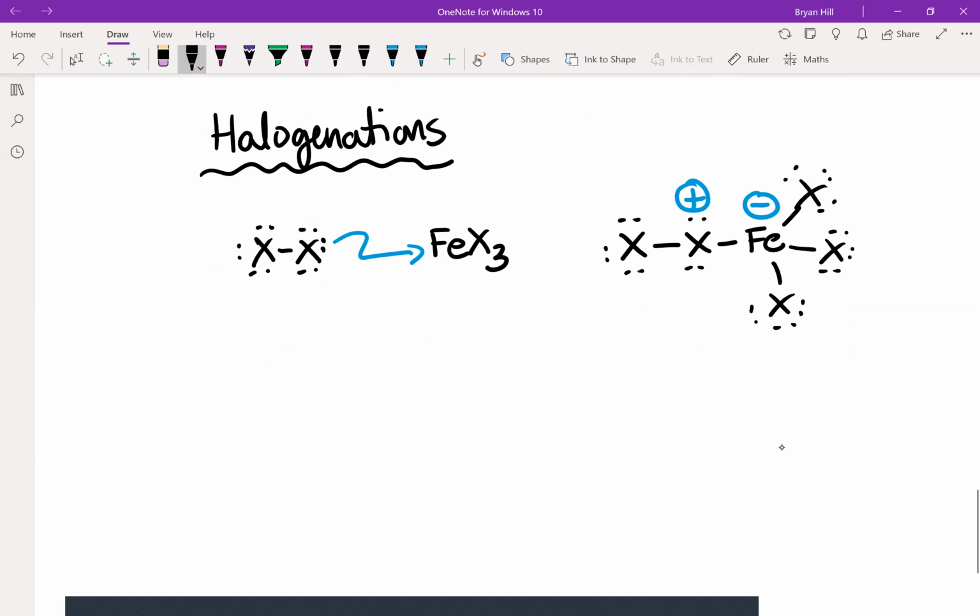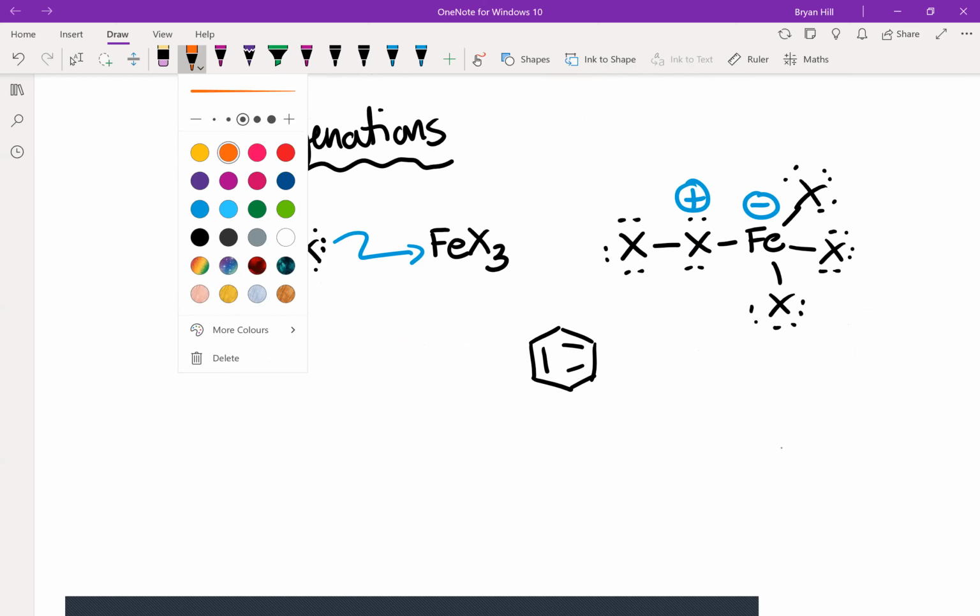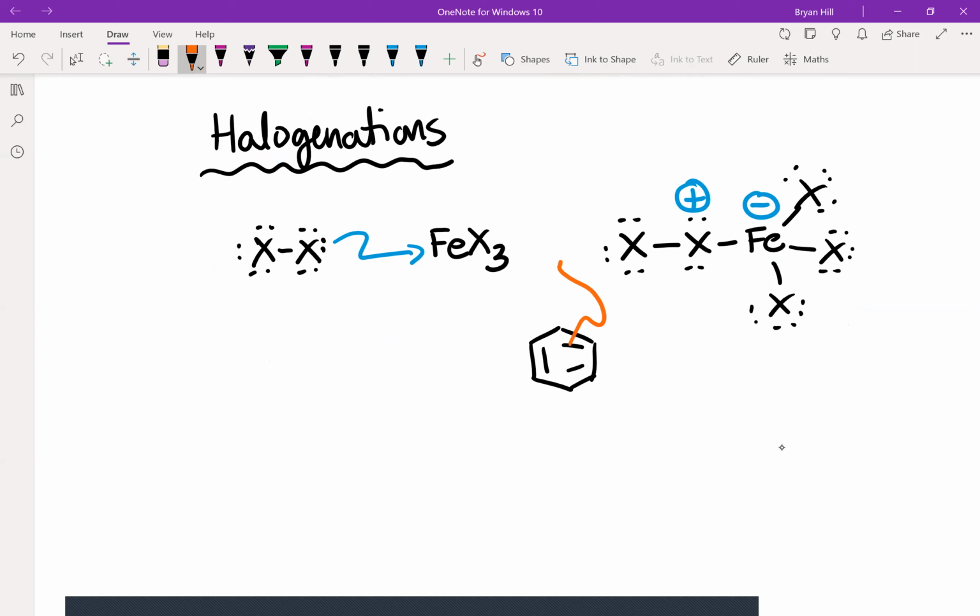And your ring is going to attack not at that positive charge because you don't have a leaving group for it, but if it attacks the X bonded to it, so here, then these electrons can move on to the X, and that's the leaving group.